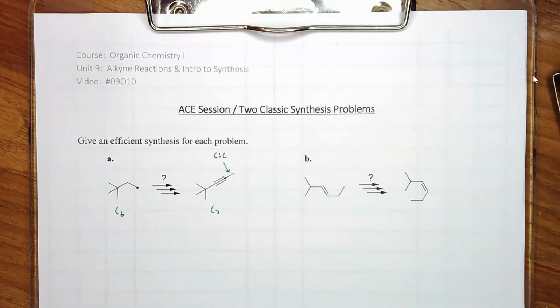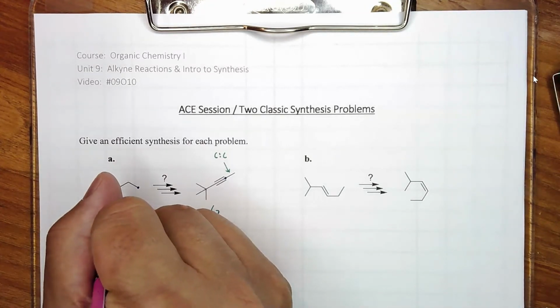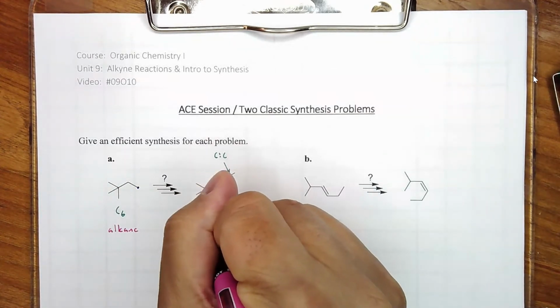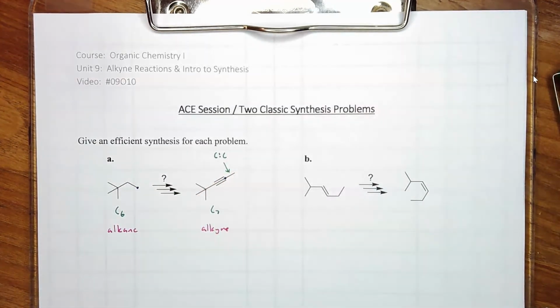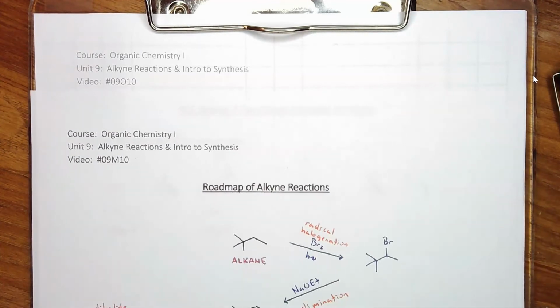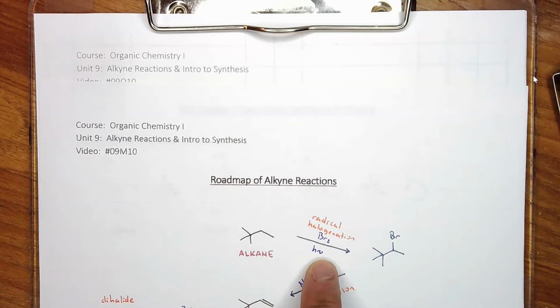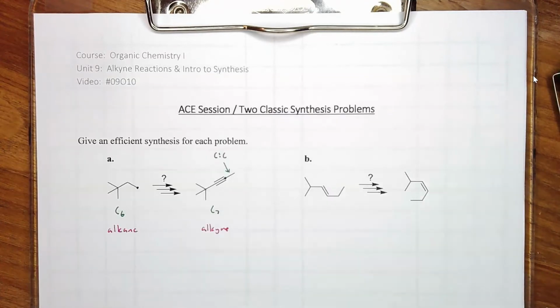Not only do we know that we have to add a carbon, we also started with an alkane and ended up with an alkyne. There's only one reaction we can do with an alkane right now, and that's the radical halogenation. We went over this in the radical unit.